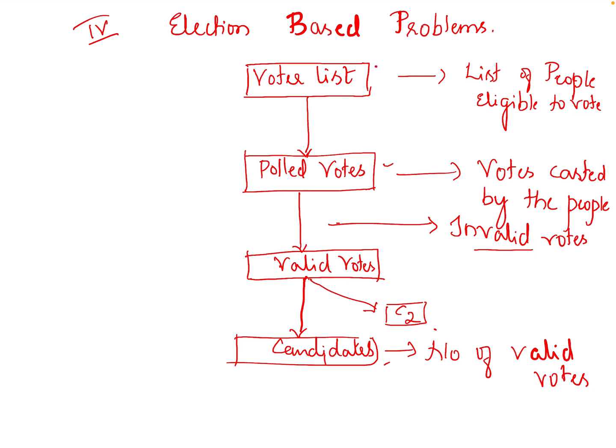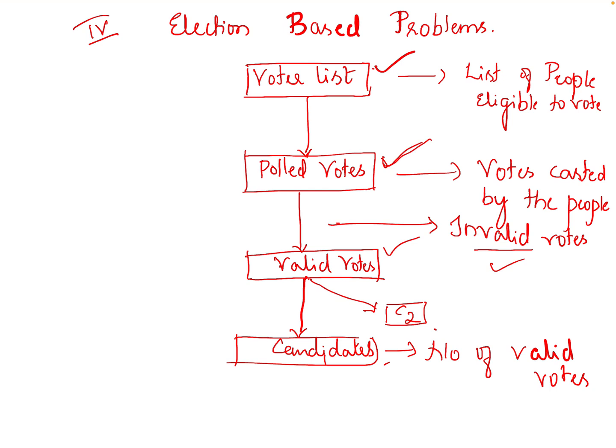We should know what is the voter list, what are polled votes, what are valid votes and what are invalid votes. The voter list is the list of people who are eligible to vote. Polled votes are the votes given by the people, since not all people in the voter list will vote.